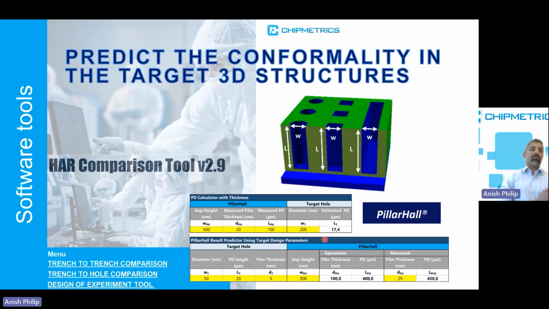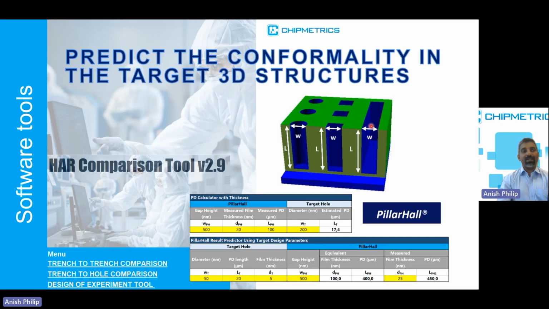Another important thing is that we also have this comparison tool. Once you use PillarHall chips in your process and measure the penetration depth, utilizing this data you can easily predict the penetration depth of your target structures. Target structures can be either holes or squares.